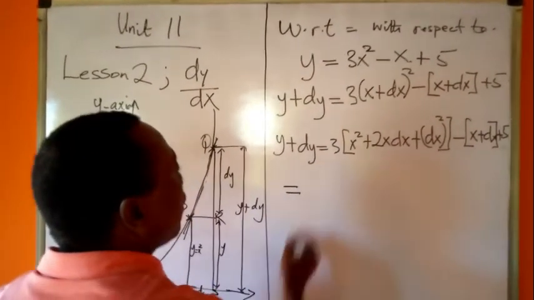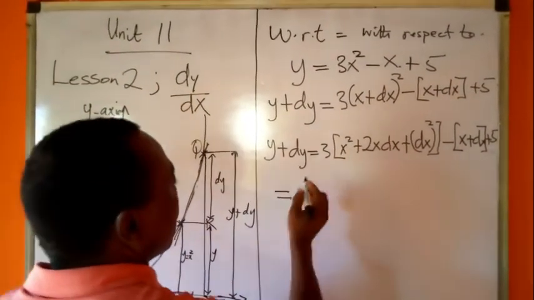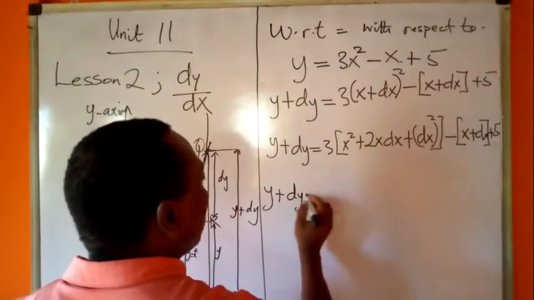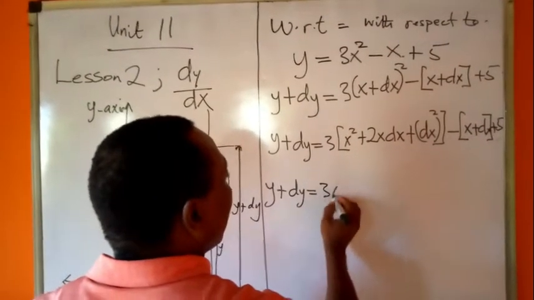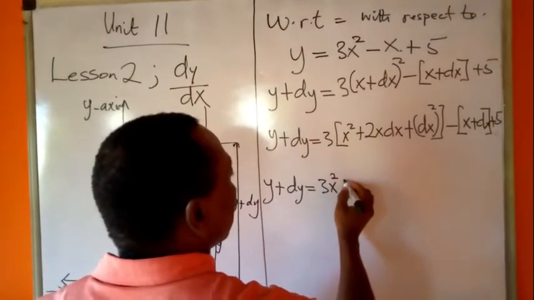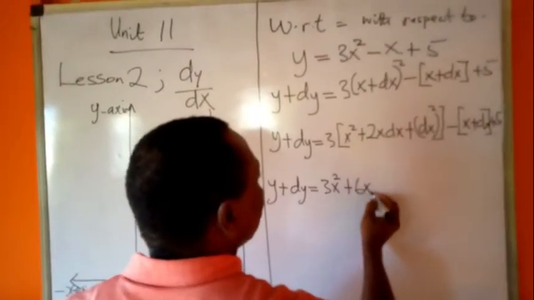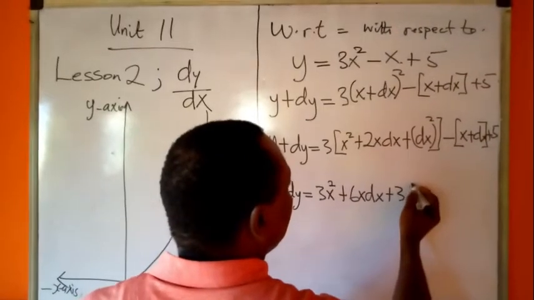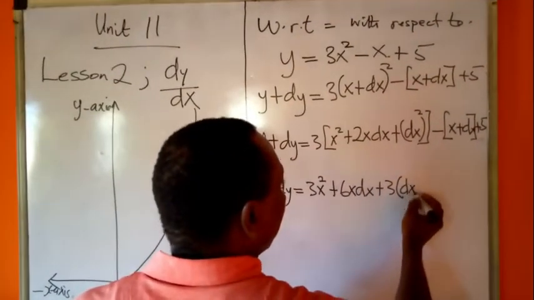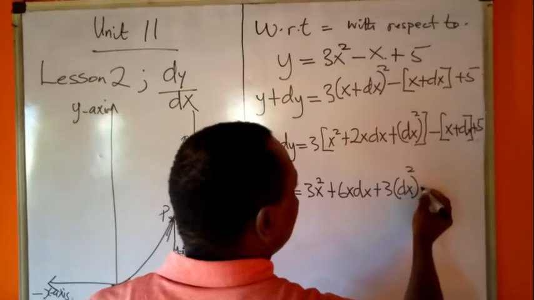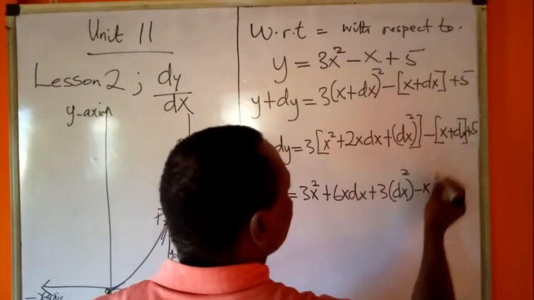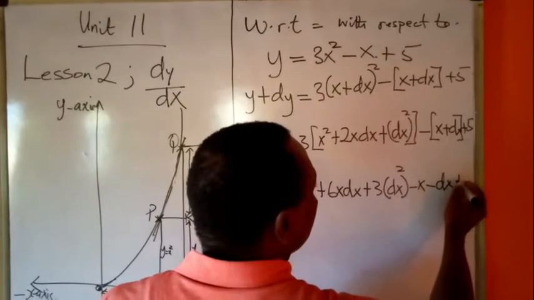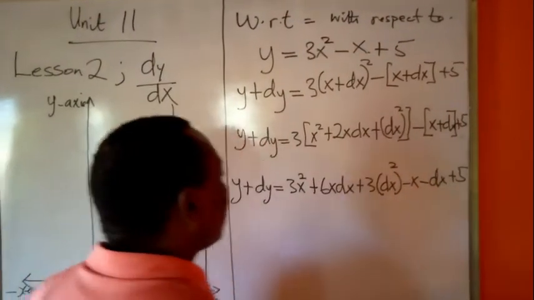So we can now do the expansion. Let's do the expansion. Y plus dy will give us 3x squared plus 6x dx plus 3 dx all squared minus x minus dx plus 5.